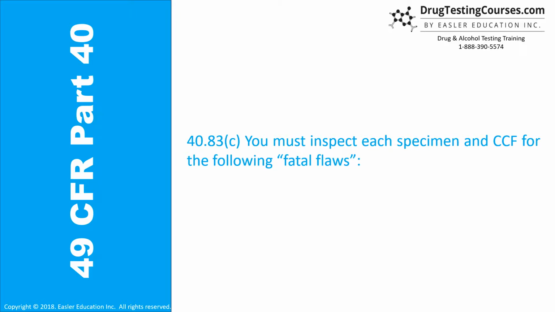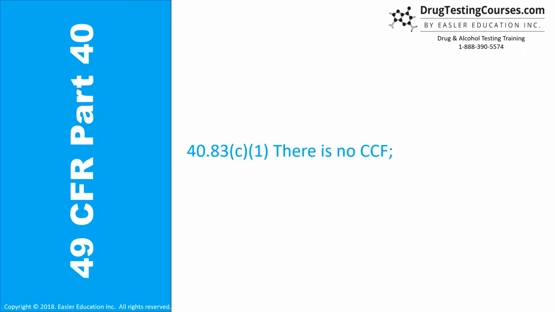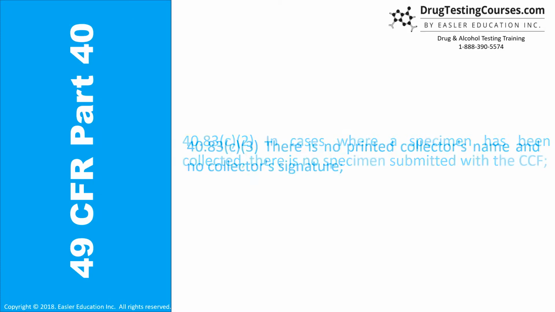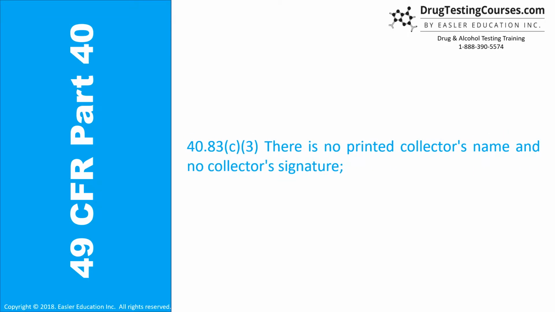40.83(c). You must inspect each specimen and CCF for the following fatal flaws. 40.83(c)(1). There is no CCF. 40.83(c)(2). In cases where a specimen has been collected, there is no specimen submitted with the CCF. 40.83(c)(3).